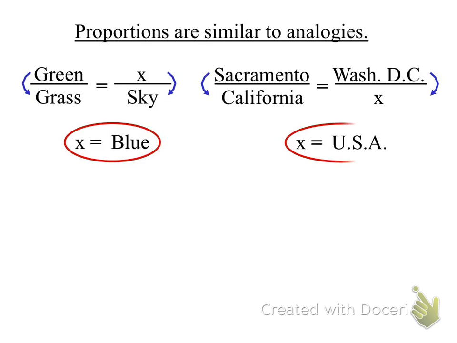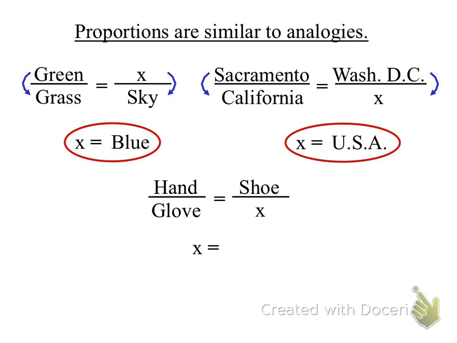This is a tricky one. Hand is to glove, like, it's not foot. A hand goes into a glove. A shoe goes into a shoebox, yes. It would be the other way around. It would be foot if shoe was in the bottom, right? Shoebox, but a closet, a sock would be okay too.